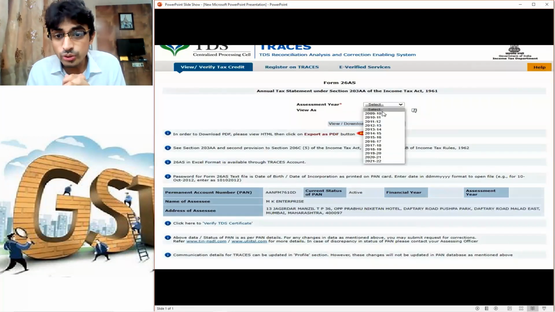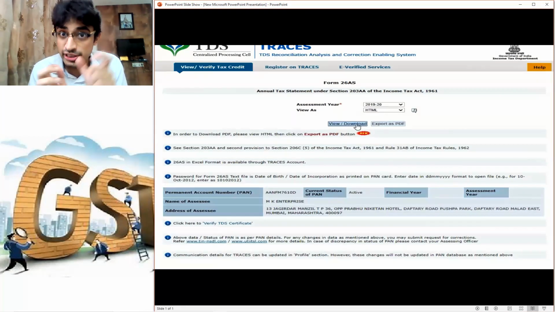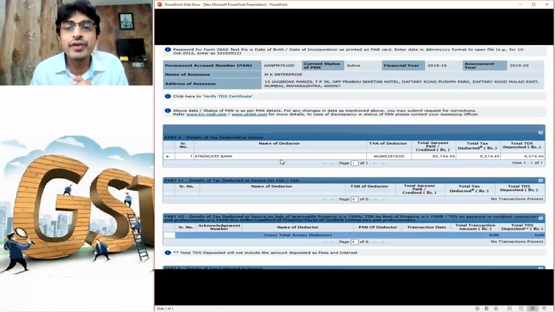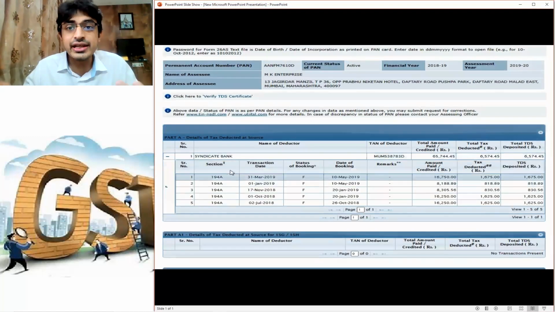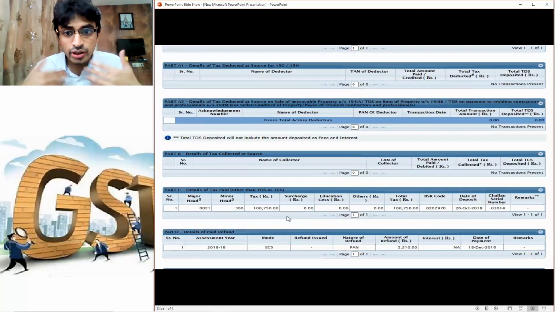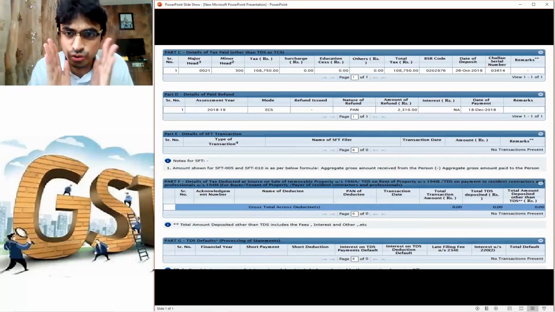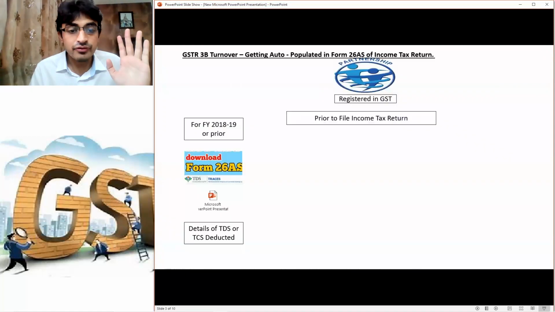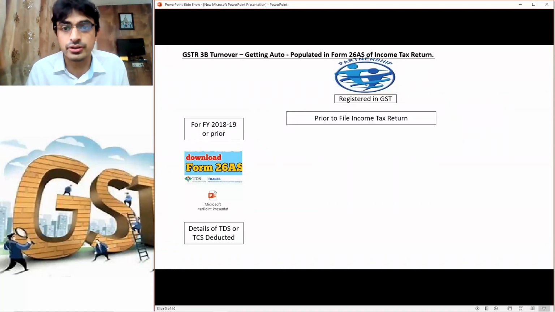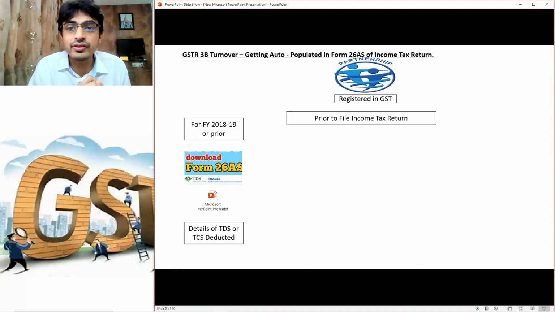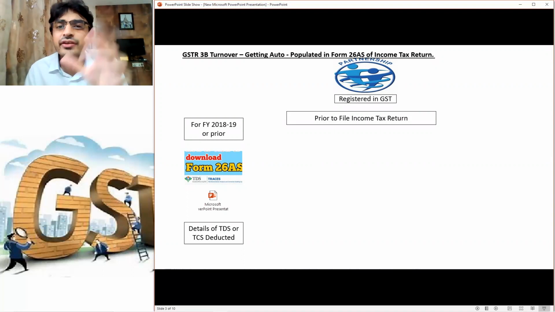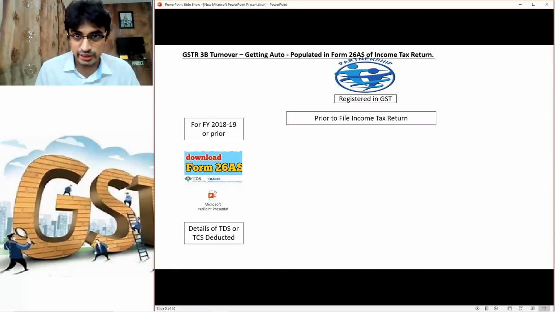So we used to go here and in assessment year 1920, means financial year 1819, we used to verify how much TDS or TCS is deducted, how much tax we have already paid. All this information we used to verify, and then we used to file our income tax return. So in 26 AS, only details of TDS or TCS were getting auto-populated.